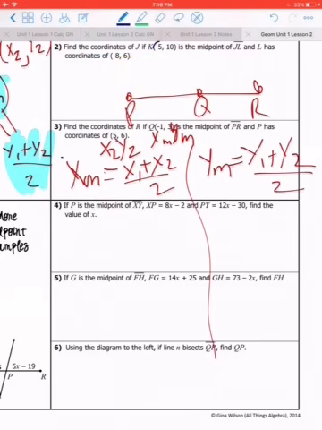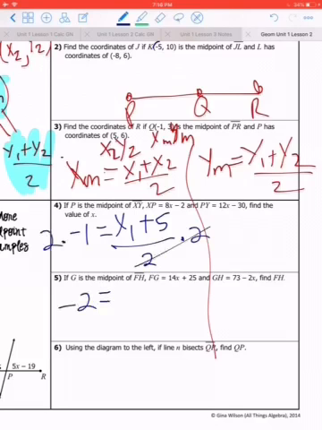X sub M is -1. X1 plus X2, where X2 is 5, all over 2. And solve. So let's times by 2. -2 equals X1 plus 5. And subtract 5. -7 is X1.